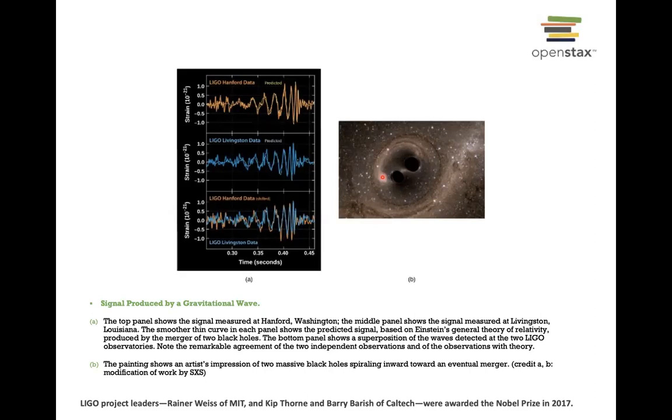So they expected the other instrument to detect the same thing after a certain time. The graph that you see on the left-hand side, the first one right here, is from one detector, and the second one is from the other detector after some time.